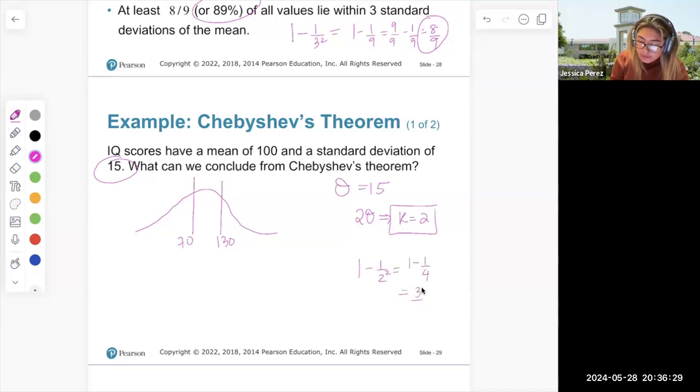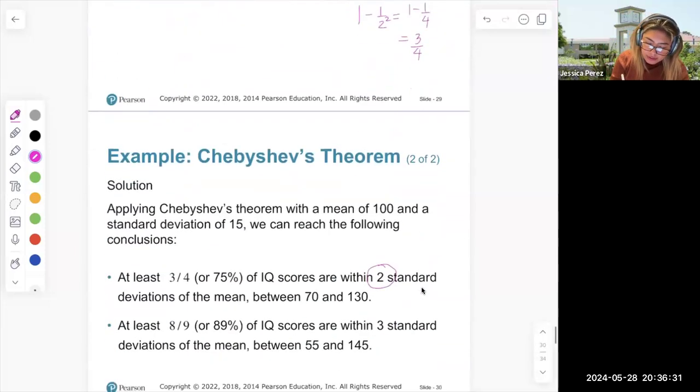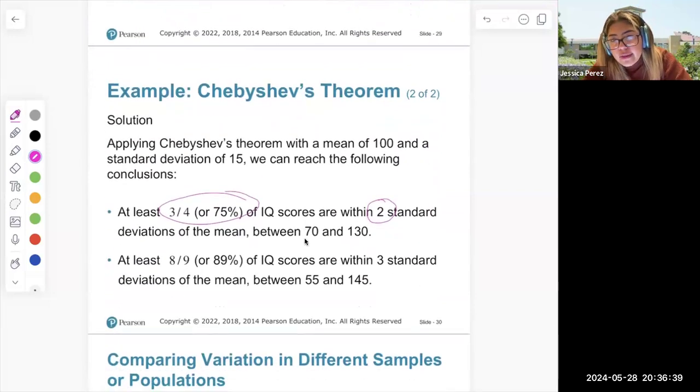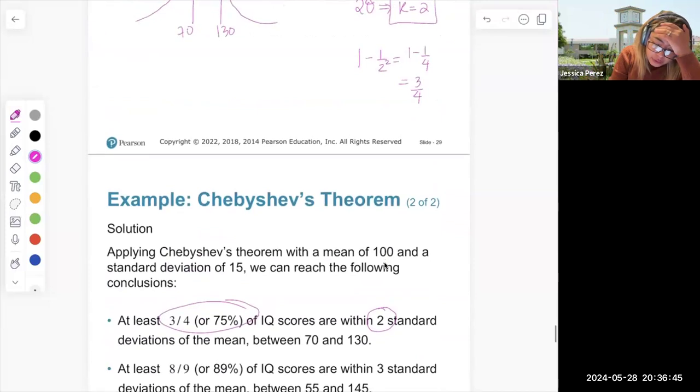We did this already: 3/4 or 75%. That means at least 75% of the IQ scores will lie within 2 standard deviations, and look at the values: 70 and 130. If I want 3 standard deviations away, what would that be? 3 times sigma is 3 times 15, that's 45. So you do 100 plus 45 and 100 minus 45.